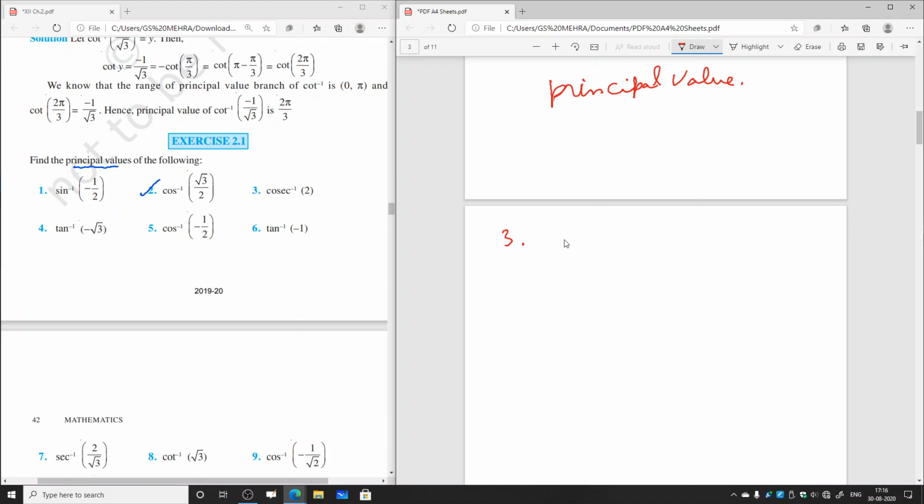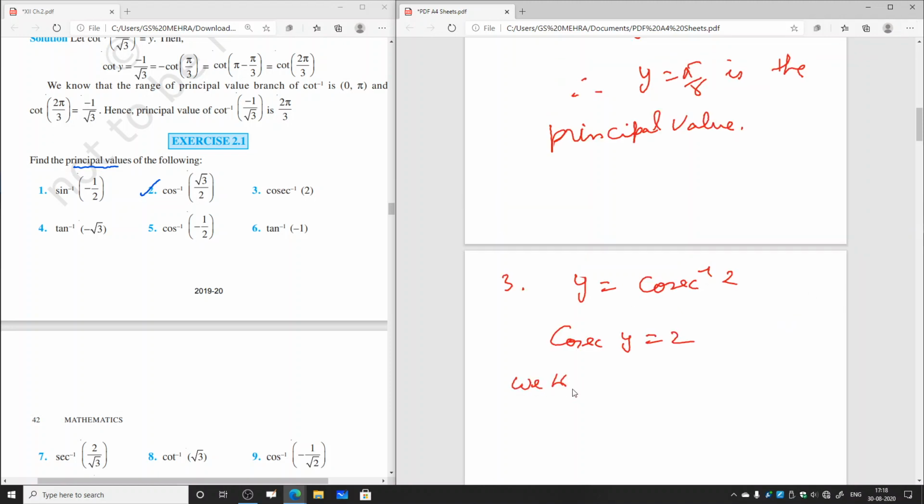In the third one, let us take y equal to cosec inverse 2. Taking cosec on both sides, we get cosec y equal to 2.